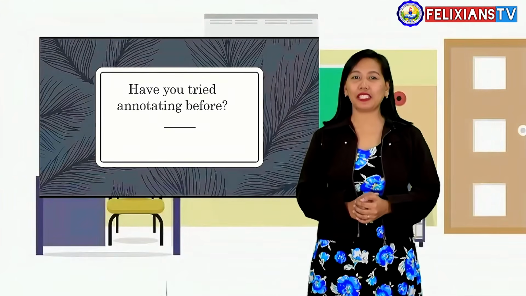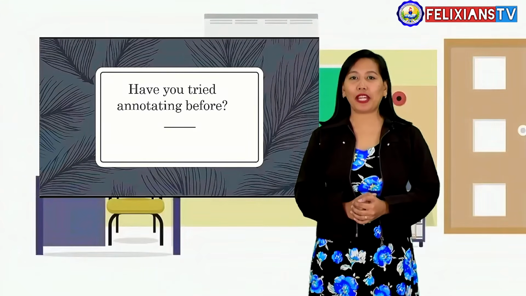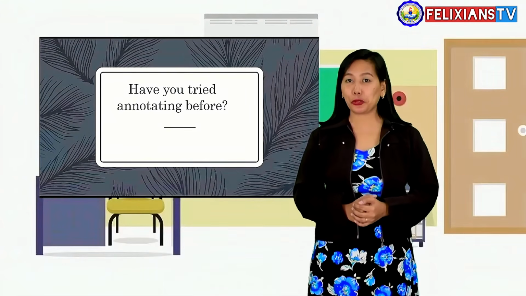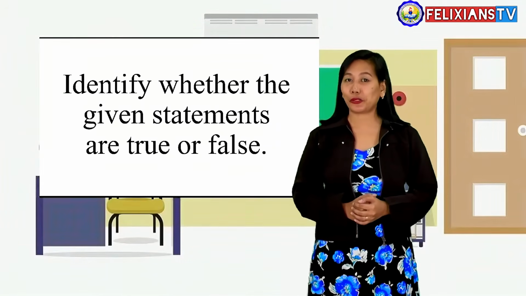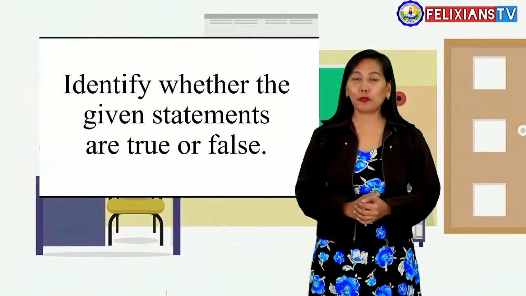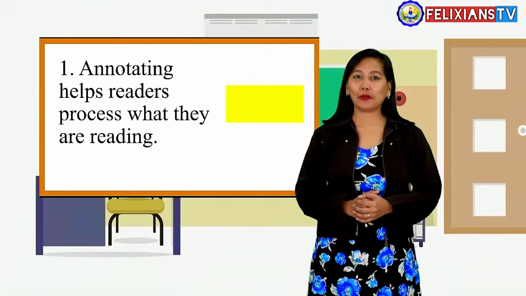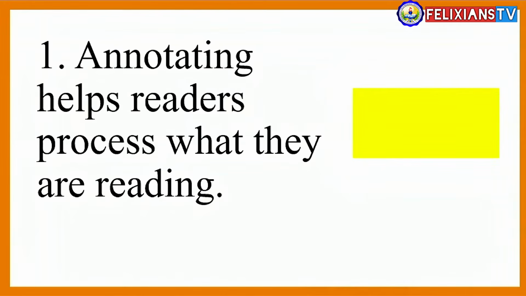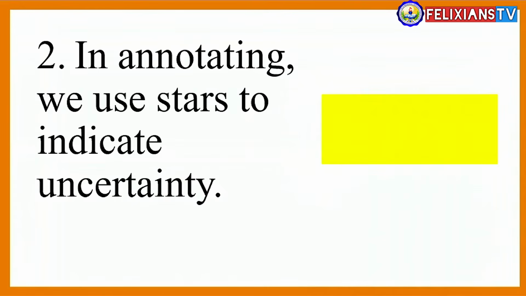Let me know how much you know about annotation by identifying whether the given statements are true or false. Are you ready? Number 1. Annotating helps readers process what they are reading. True or false? The correct answer is true. You are right. Number 2.